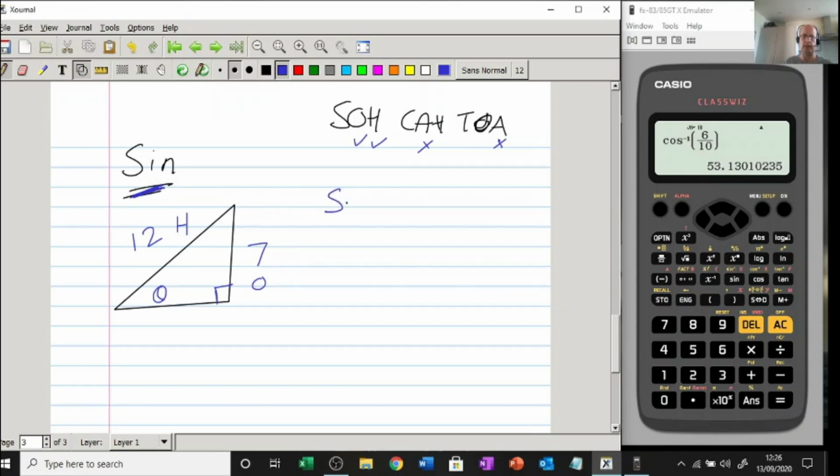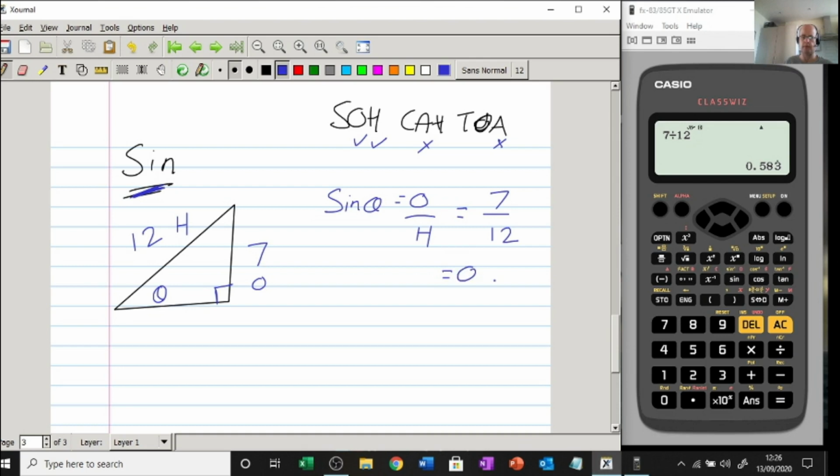So sine of the angle is opposite over hypotenuse, which we know is going to be 7 divided by 12. So don't do like before, don't do this, 7 divided by 12, 0.583, don't do that.